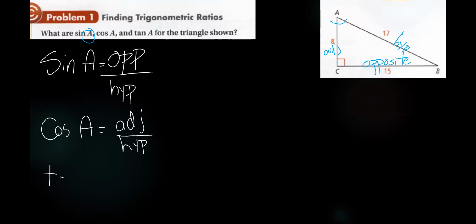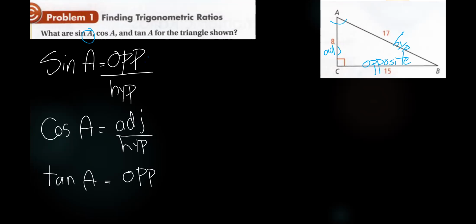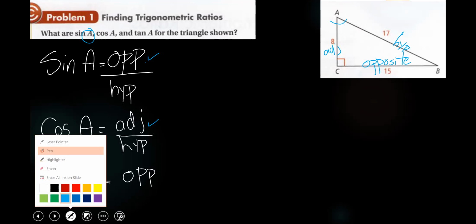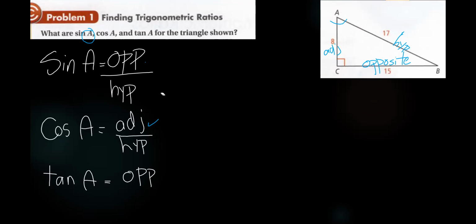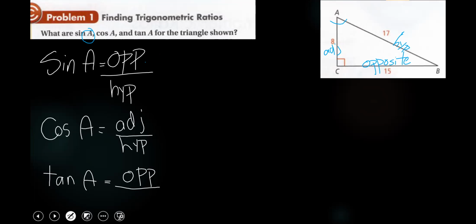And tan A is the opposite. To write tan A, take the numerator here over the numerator of the cosine. Opposite over adjacent.